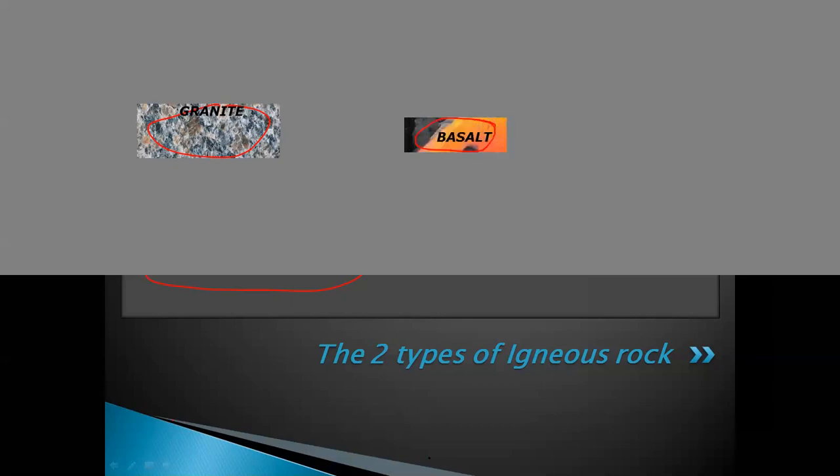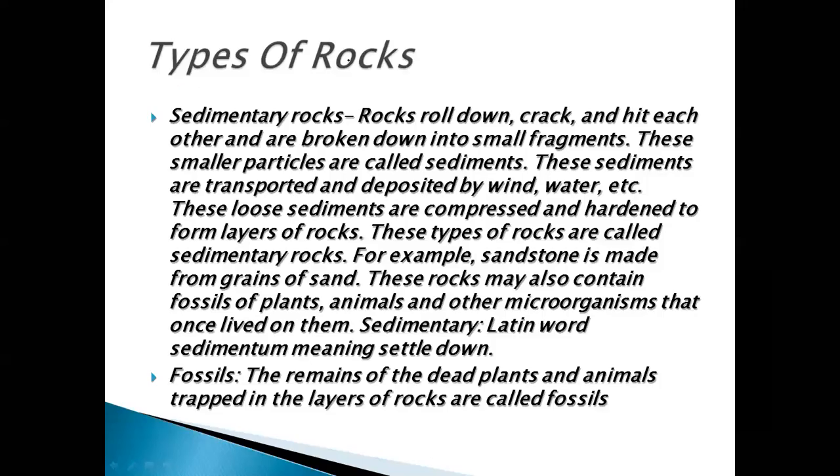So now let's come to the next topic of types of rocks. The second one is sedimentary rock. How do sediments form? When the rocks roll down, crack, and hit each other and are broken down into small fragments, these particles are known as sediments.